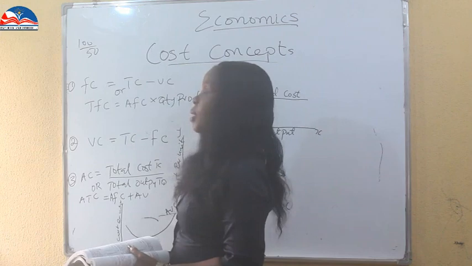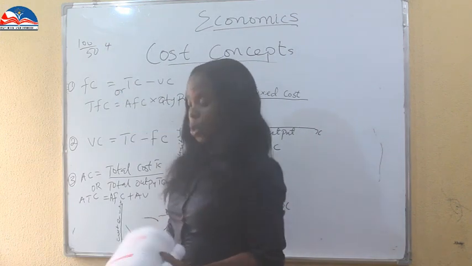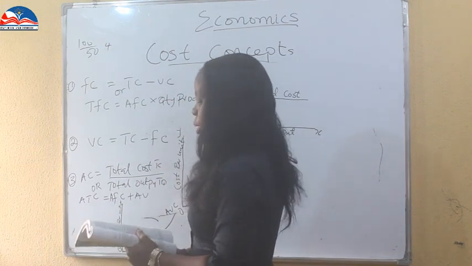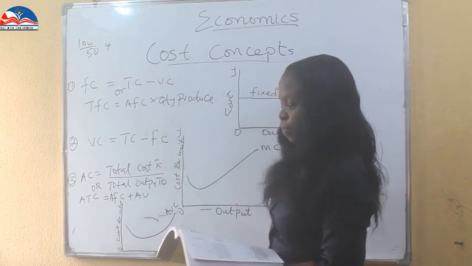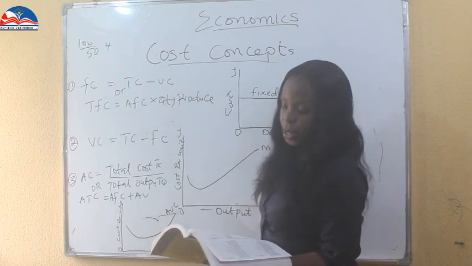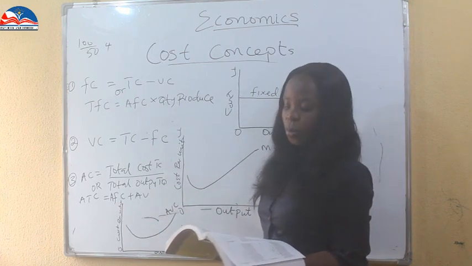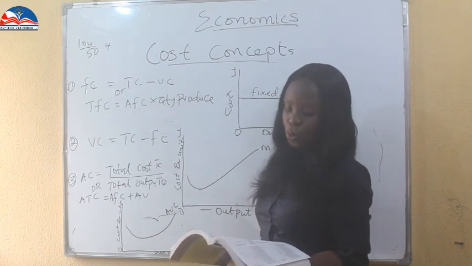And so when you divide this, you are going to have 2. So average cost in this instance is derived by dividing the total cost by the total number of output produced.